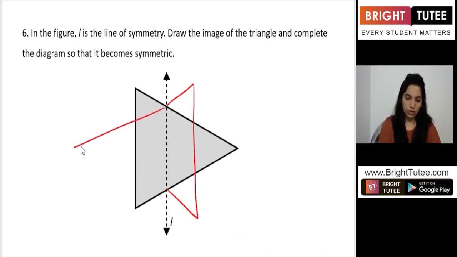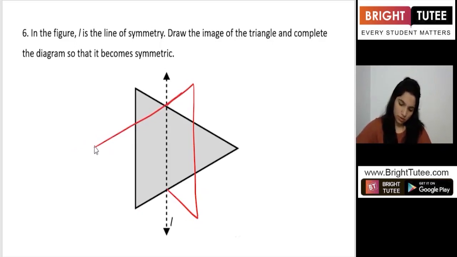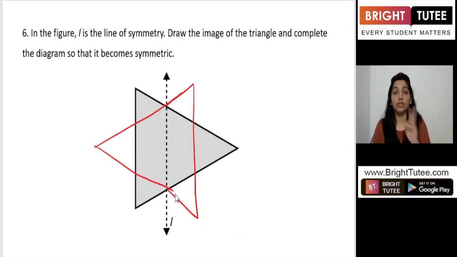I think this triangle doesn't look much neat. Okay, so here it goes and here it goes. So this is the kind of image that you will see when you draw such a figure. Make sure that you do measure all the line segments to draw this image, right?